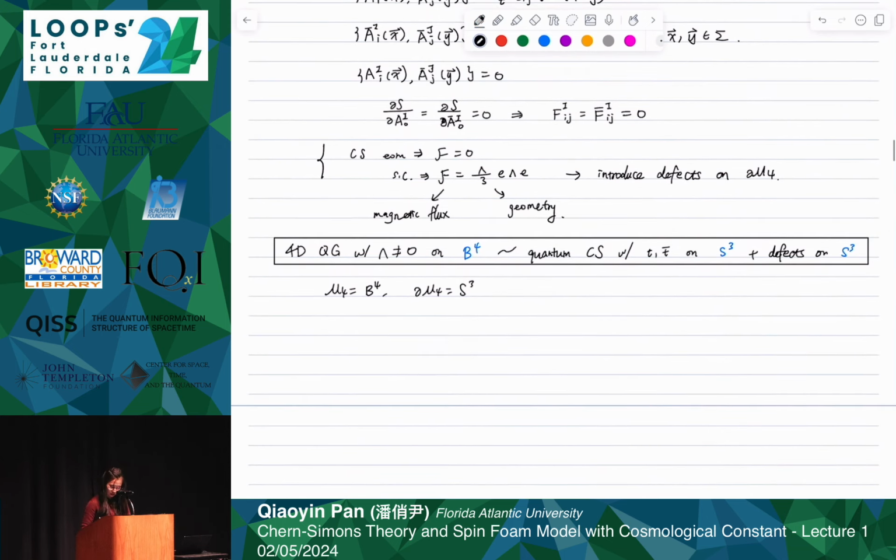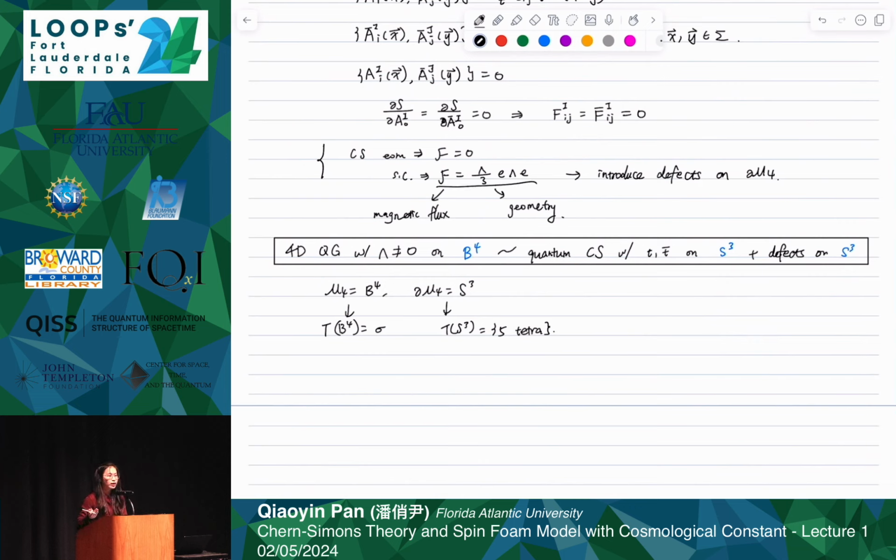Then let's go on. As in EPRL or other spin foam models, we do the triangulation. The triangulation of a 4-ball gives us a 4-simplex, and the triangulation of this boundary gives us the 5 tetrahedra. And after the triangulation, we also want to discretize the simplicity constraint, which is F equals lambda over 3 E wedge E here.